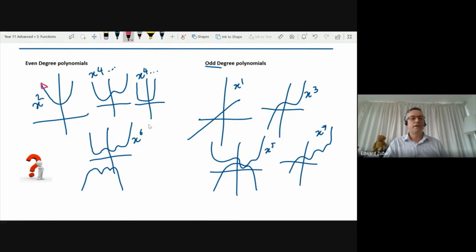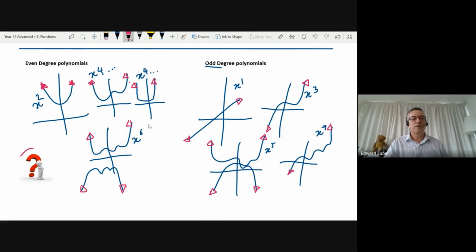So you'll notice that with the positive even degree polynomials, it's like their starting and ending parts always end up in the same place, whereas in the odd degree ones, they end up on either side of the x-axis.